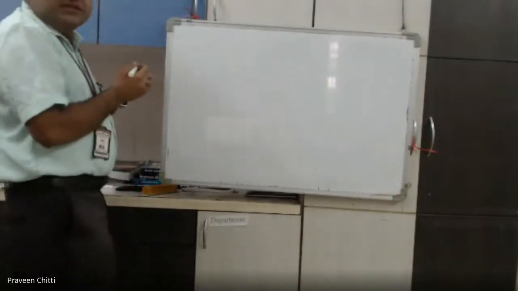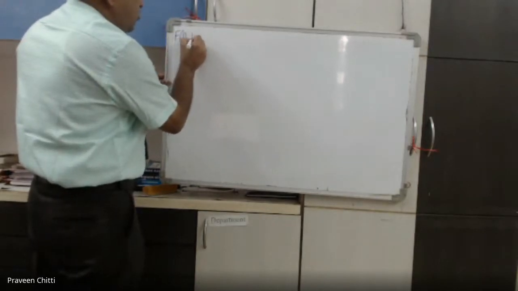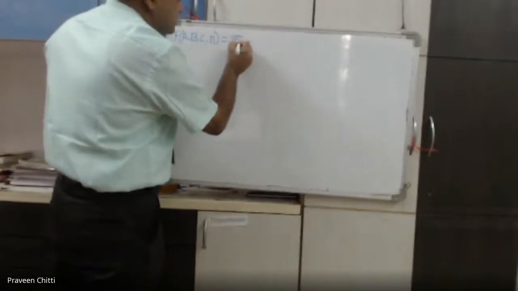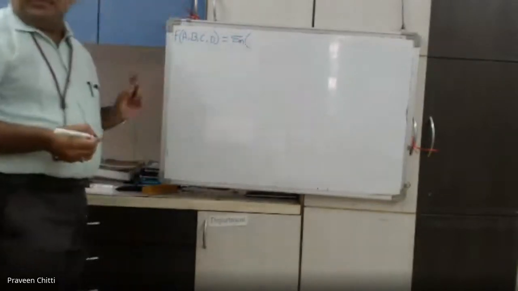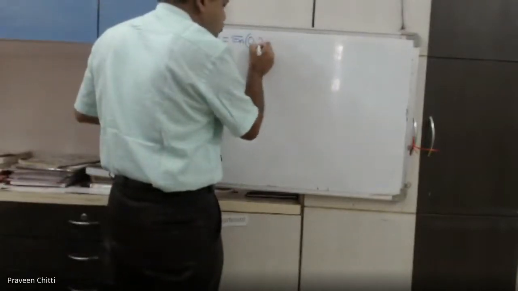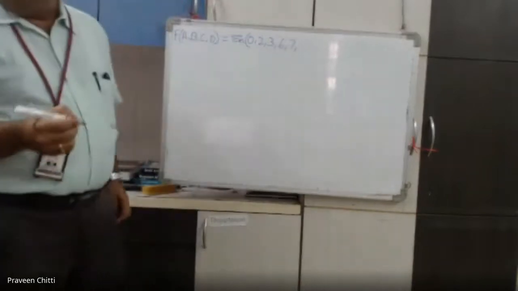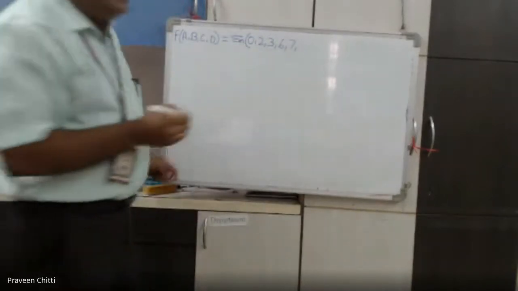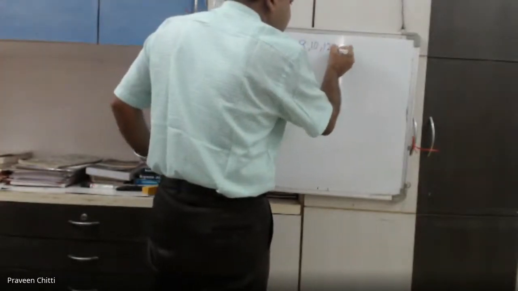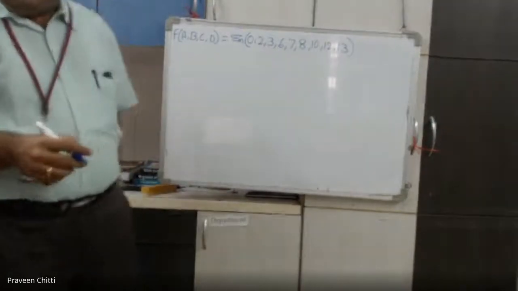You can take down this f of a, b, c, d equal to sigma m of 0, 2, 3, 6, 7, 8, 10, 12, 13.